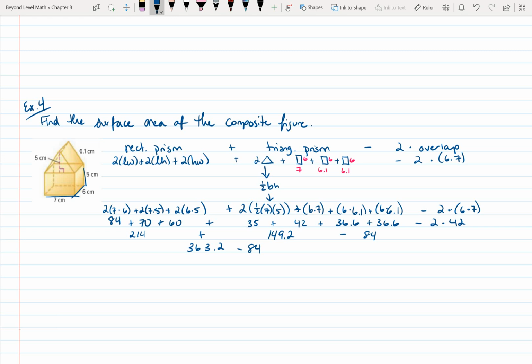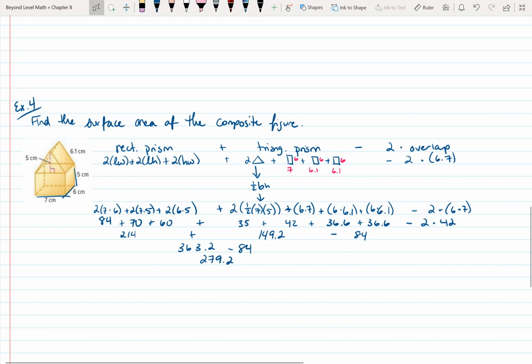Let's see. We get 279.2. And let's see. Because we have surface area, it is centimeters squared.